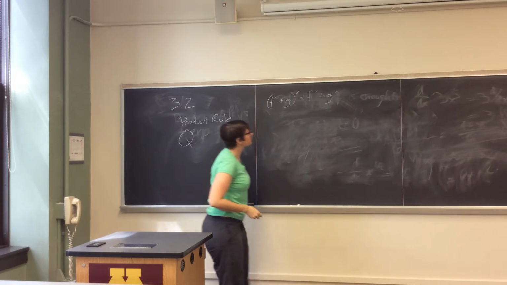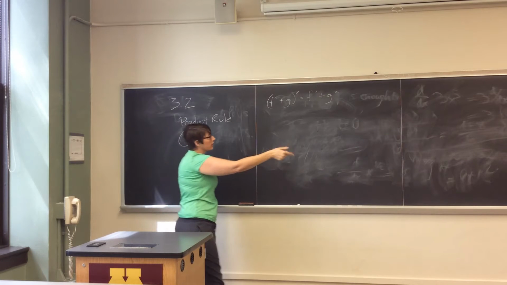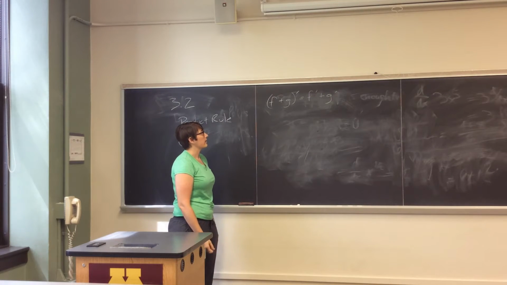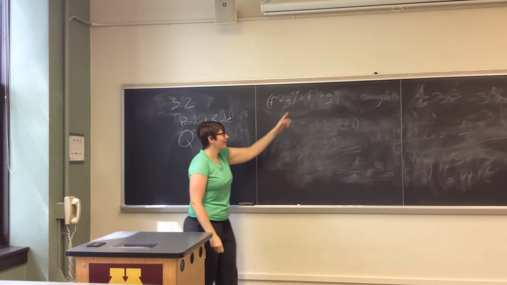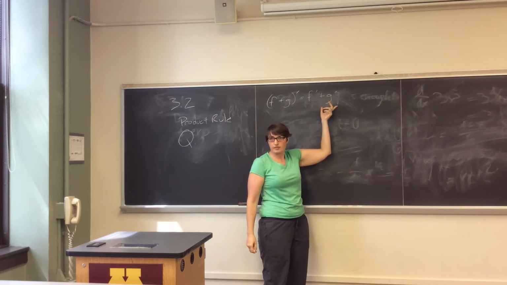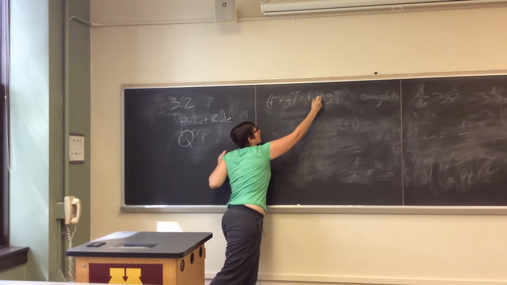Easy peasy. So when you differentiate a polynomial, you can differentiate each term. Yes, so the derivative of the sum is equal to the sum of the derivatives. And it's the same with subtraction, right?